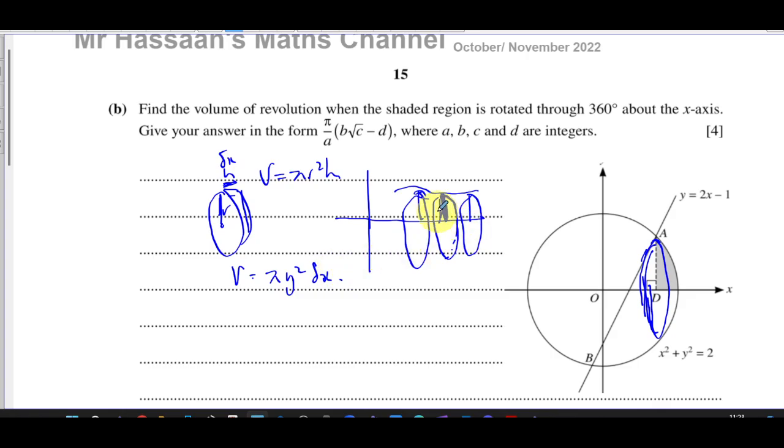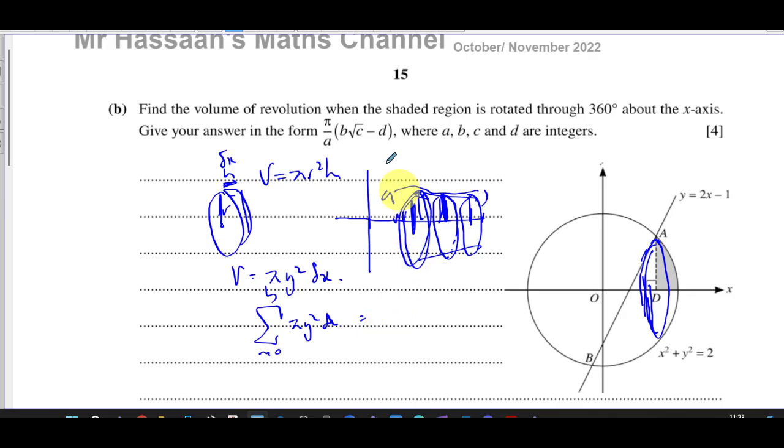Now, if we were to take the sum of all of the small cylinders, really tiny cylinders, from the start to the end of our object, and add them together, that will give me the volume of the whole shape. So if we find the sum of all of the pi y squared dx's between, say, this point A and B, that will give me the volume.